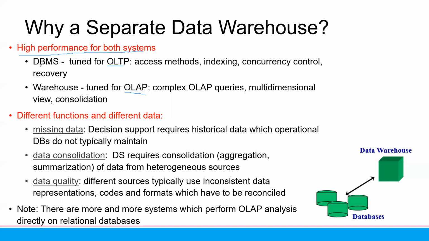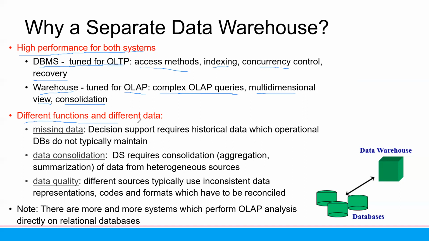So because the DBMS, it is tuned for OLTP, like access, indexing, concurrency control, recovery. But for the data warehouse, it requires the query, maybe complex queries, and multi-dimensional view, consolidation. So if you put into the same database, then it will make the performance bad.